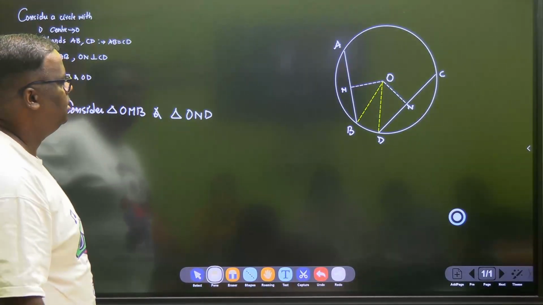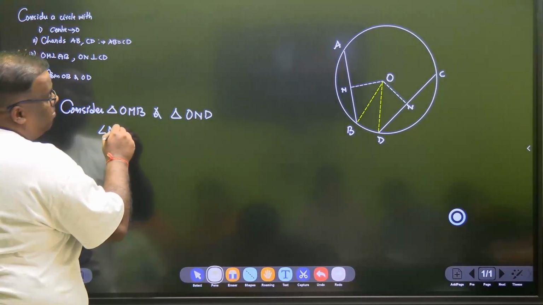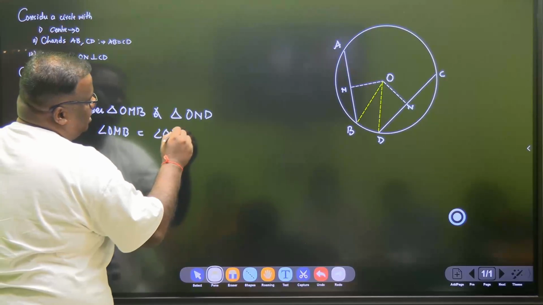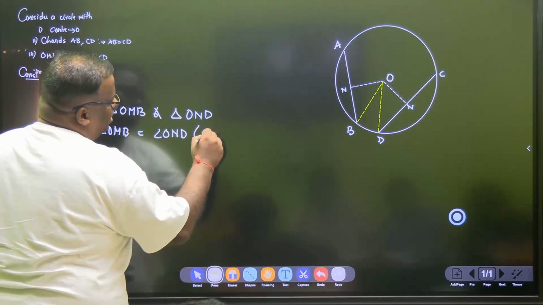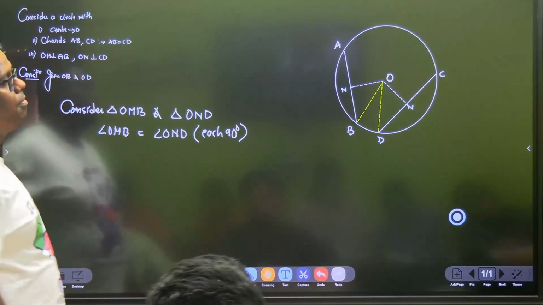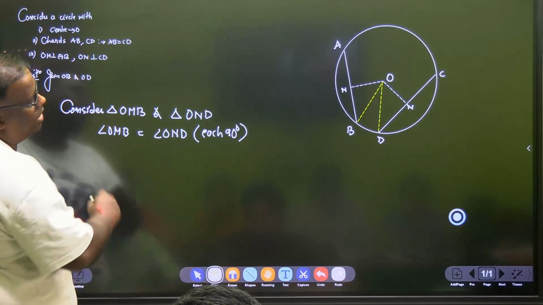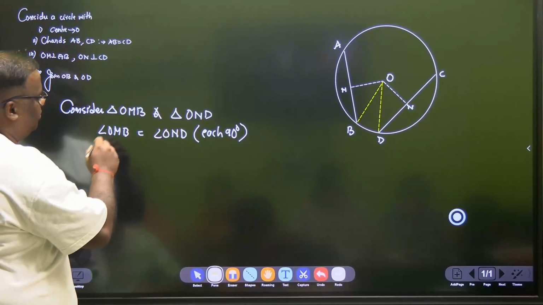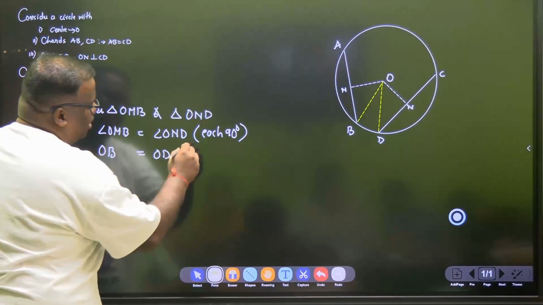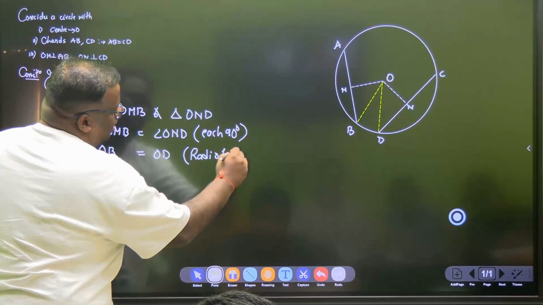I'm writing angle OMB is equal to angle OND, each 90 degrees. After that, I am writing OB is equal to OD, radii of the same circle.